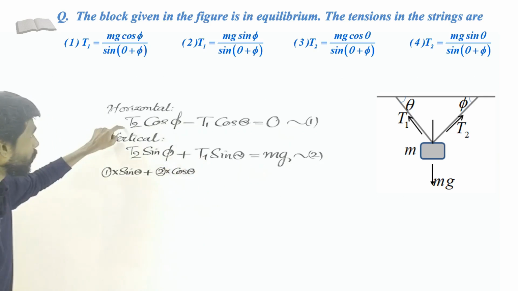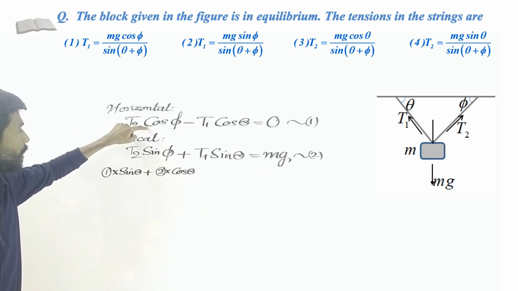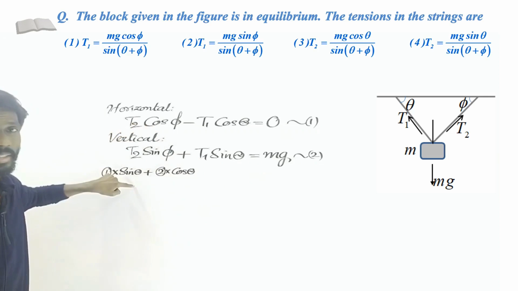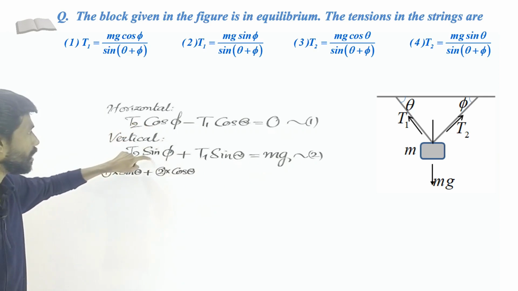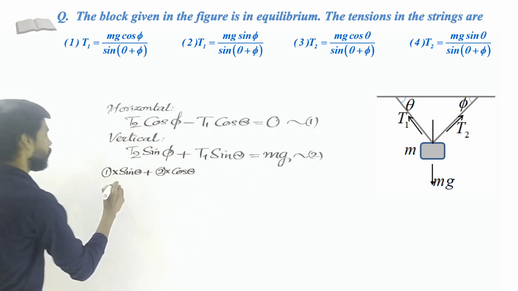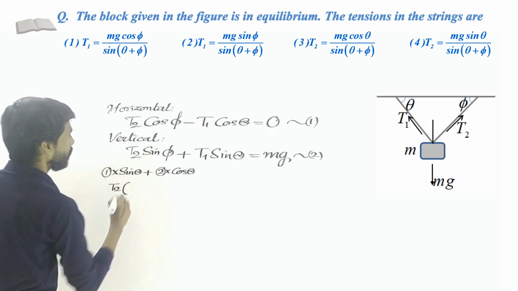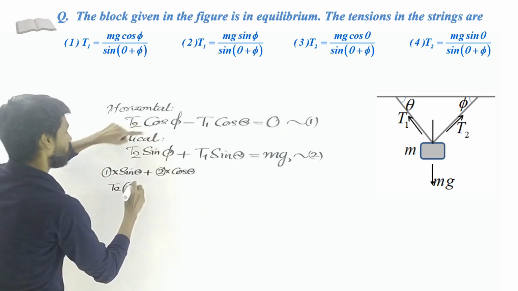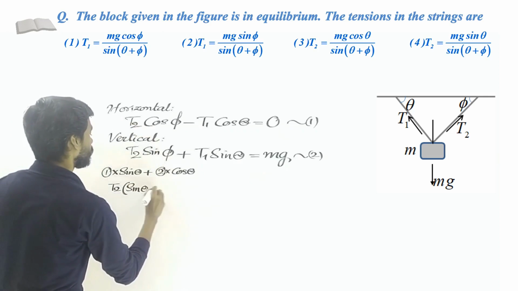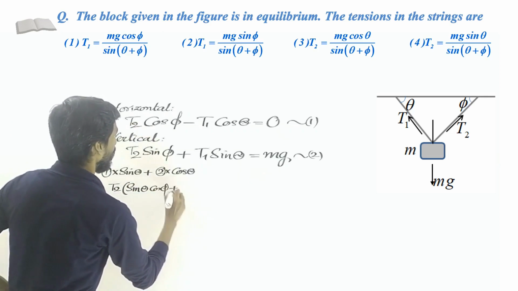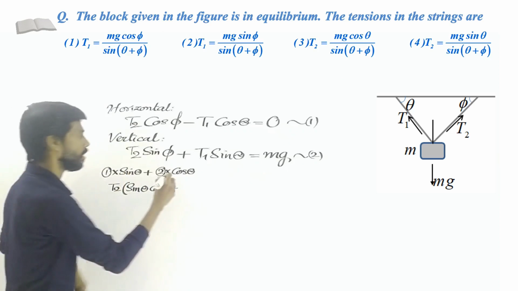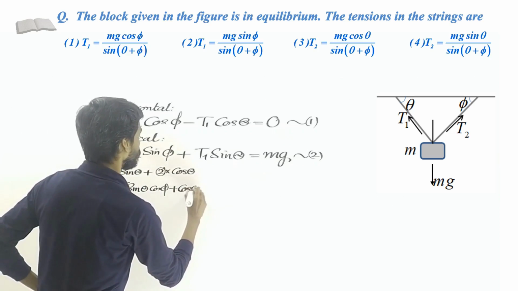So what do you get? T2 multiplied by sin theta cos phi, added with cos theta sin phi.